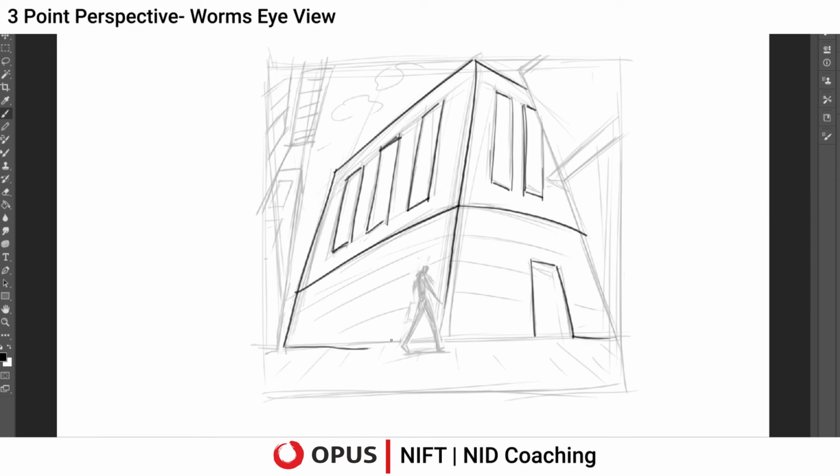So see, this ground level I have kept almost straight, and that only gives the impression that we are trying to see a subject from a bottom angle.